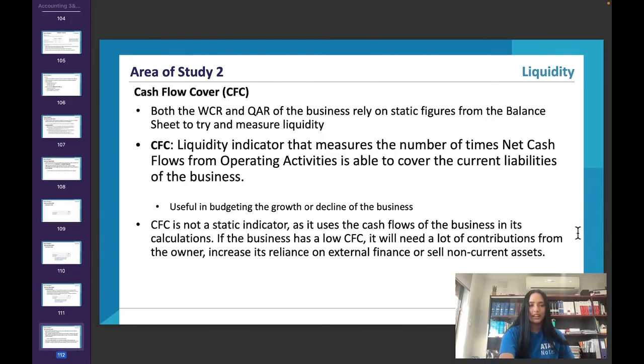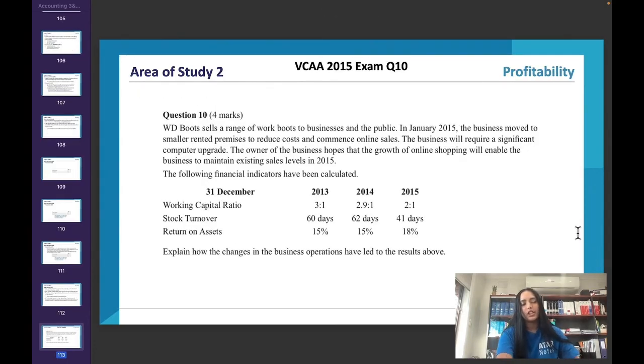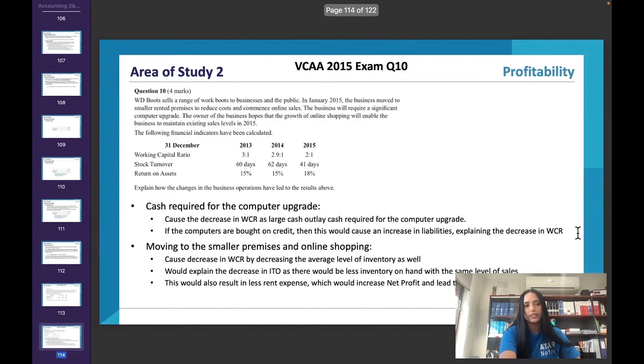So basically, quick asset ratio and working capital ratio rely on static figures, but cash flow cover uses non-static figures. So here's an example that talks about working capital ratio compared to inventory turnover and return on assets, and you need to explain what has led to these changes.